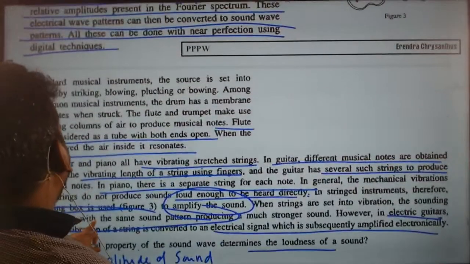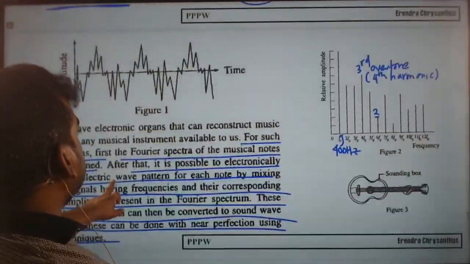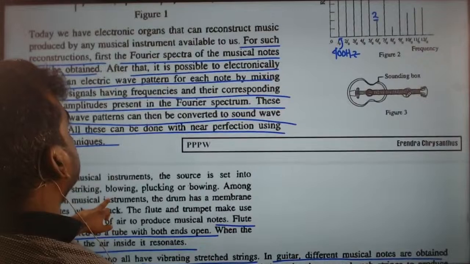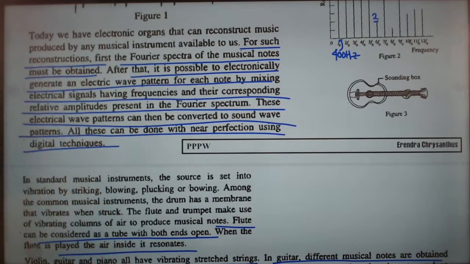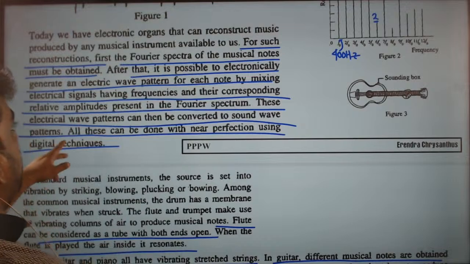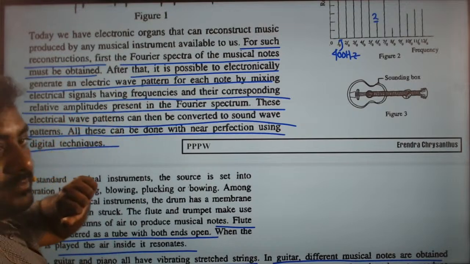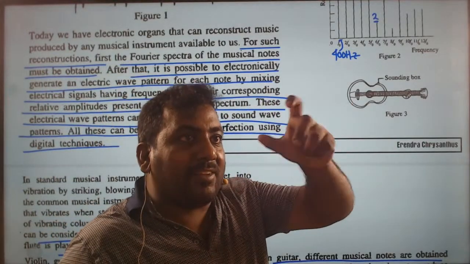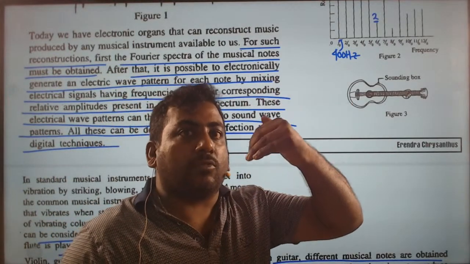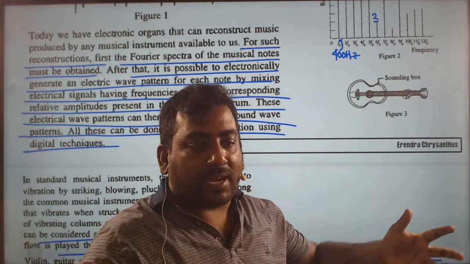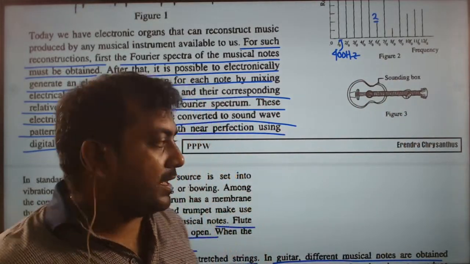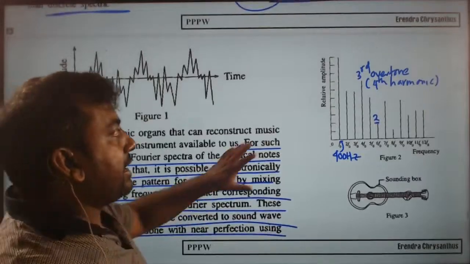In Fourier analysis, they do a reconstruction, a Fourier spectrum, corresponding relative amplitudes. With the fundamental, every amplitude is taken and the relative amplitude found. From those relative amplitudes, we can keep the problem solving forward. Clear? So what we have found here is actually relative amplitudes.